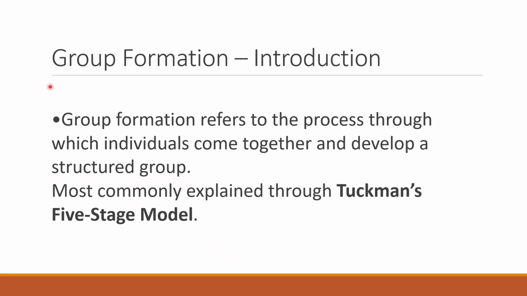Now let's understand how groups form. We call it group formation. It refers to the process where individuals come together and gradually develop into a structured group. The most widely accepted explanation of group formation is Tuckman's five-stage model, which explains how a group evolves from strangers to a high performing team.